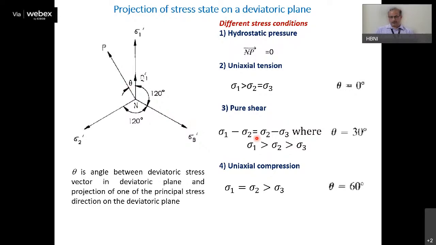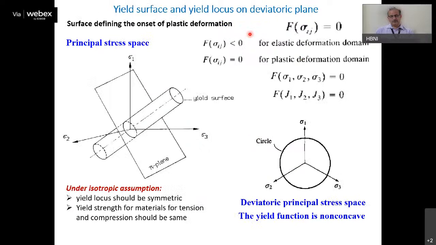Okay, now let us consider what the yield surface will be. As we discussed, in the principal stress space, where you have three orthogonal directions of principal stress components, you can consider a direction which corresponds to equal magnitude of these components. This corresponds to the hydrostatic stress.